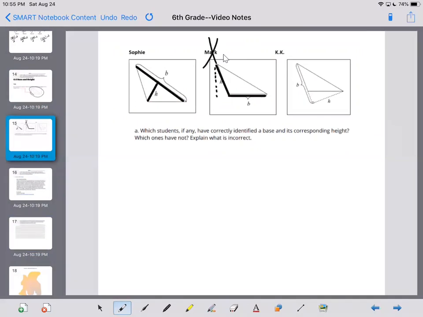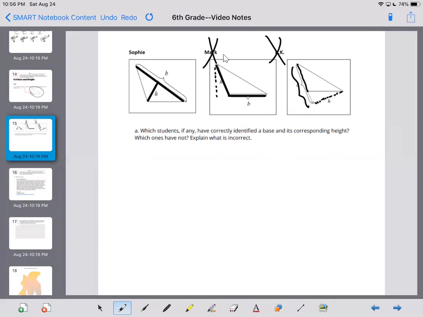Now, KK learned from Mark, and she did drop down a vertical height, but there's only that length, and she said that this entire length was the base. So KK is incorrect on that.